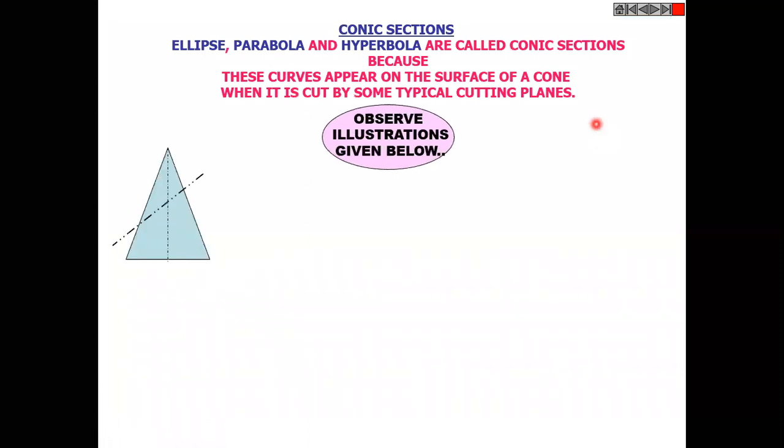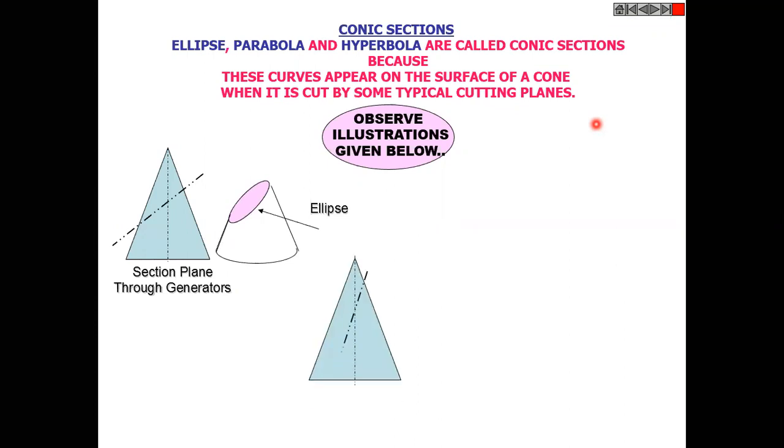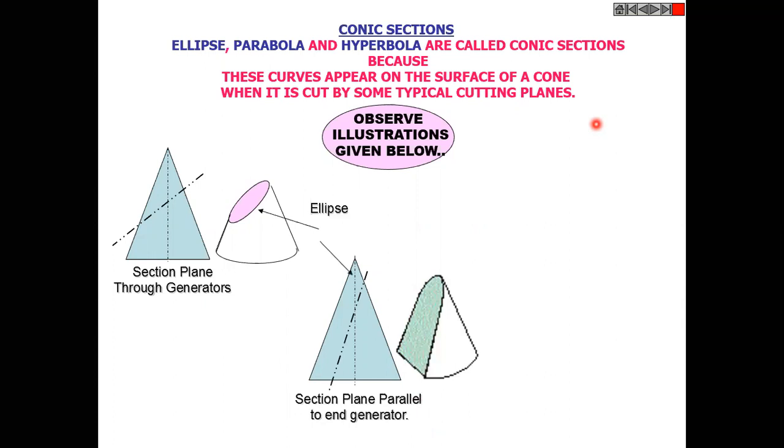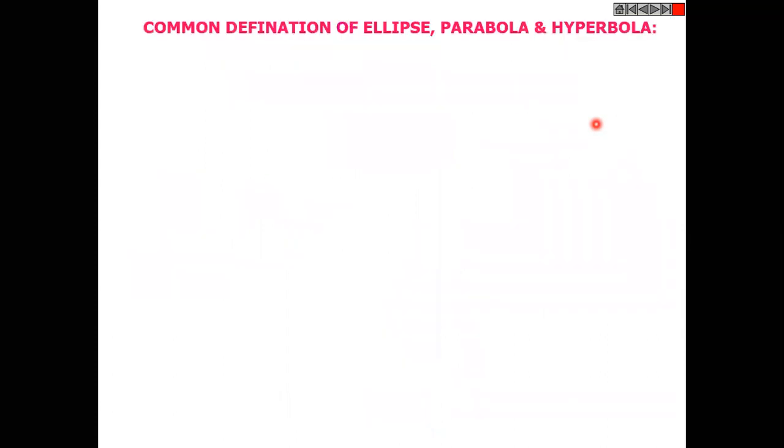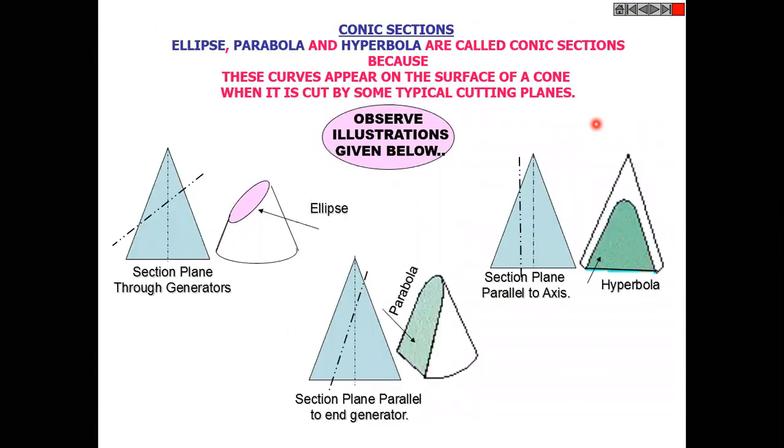Let's talk about what the conic sections are and how they are developed. The ellipse, parabola and hyperbola are called conic sections because these curves appear on the surface of a cone when it is cut by a typical cutting plane. A cone is cut by some cutting plane in a particular fashion to generate the different types of conic sections. If a cone is cut by a sectional plane through its generator, it gives an ellipse.